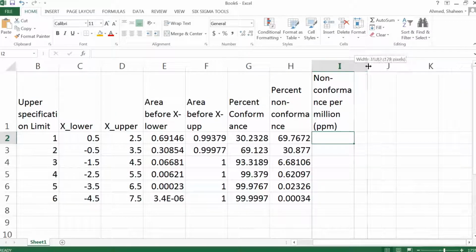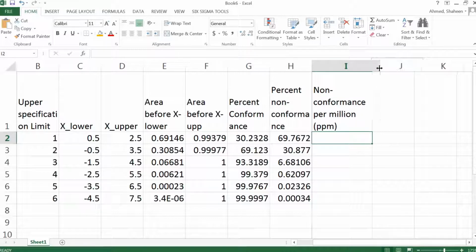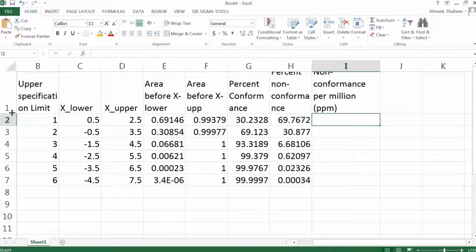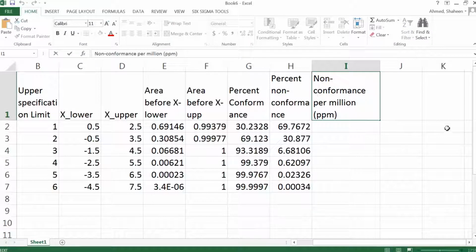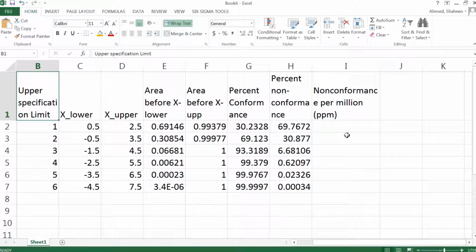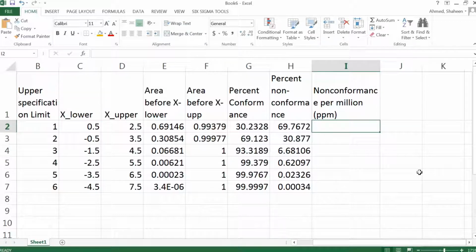I'm gonna do a little bit of this, so I get some more space. Let's do this. Non-conformance per million. So I can simply multiply this by a million.